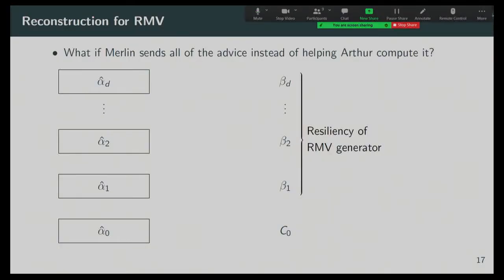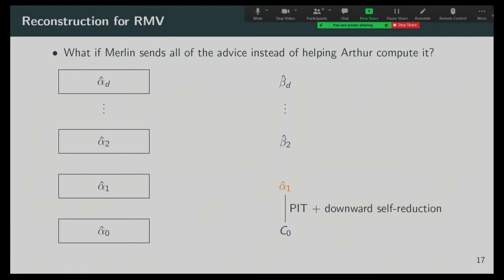Right? And then, okay, if we now have these functions, by using low-degree testing and self-correction, we can make sure that they are close to low-degree polynomials and access these low-degree polynomials as well. And then finally, using polynomial identity testing and the downward self-reduction, we can 2 by 2 make sure that these polynomials are the correct polynomials, right?